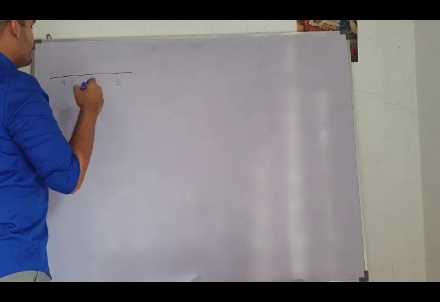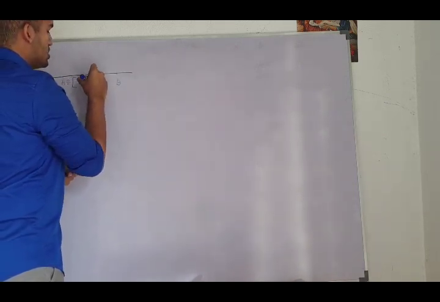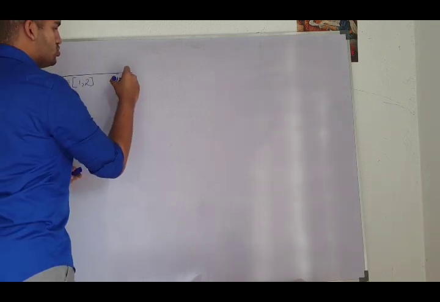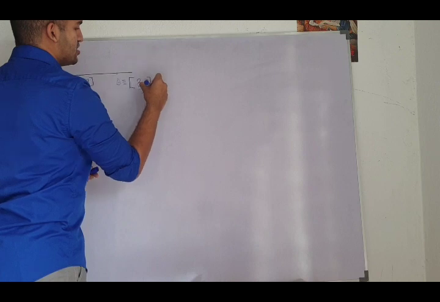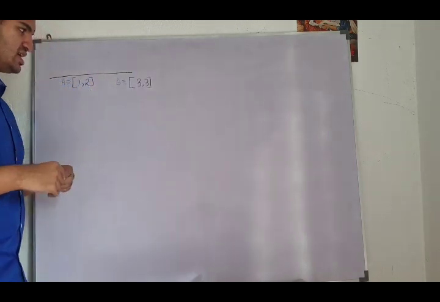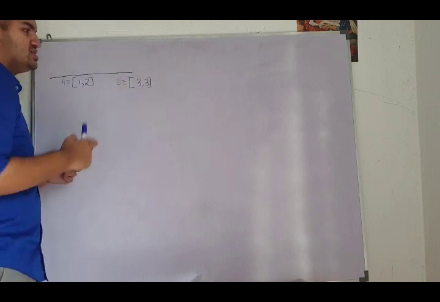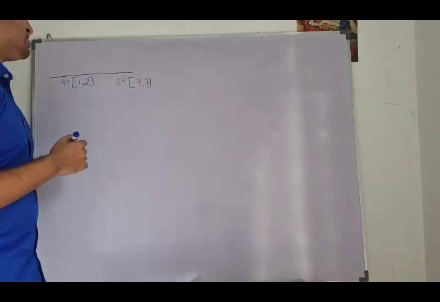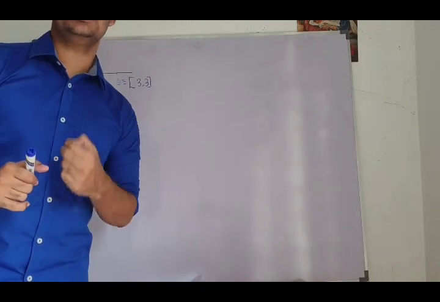So if we have A with coordinates 1 and 2, and B with coordinates 3 and 3. If you do not know, this is x and this is y. To obtain the equation of the straight line, first we should know what the gradient is.